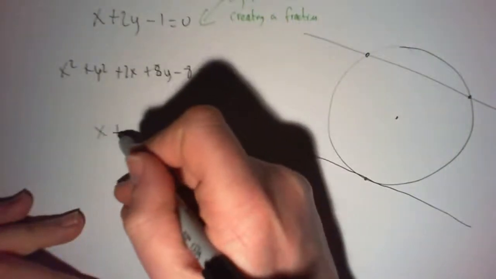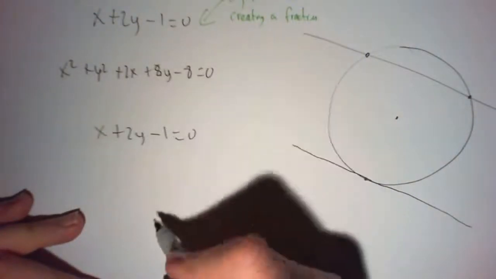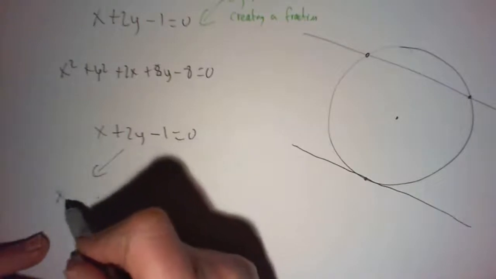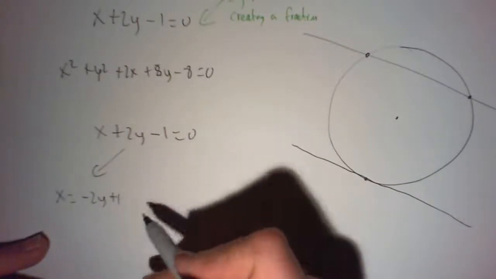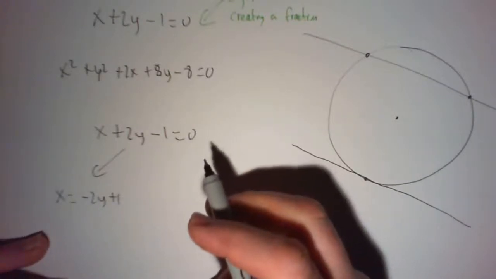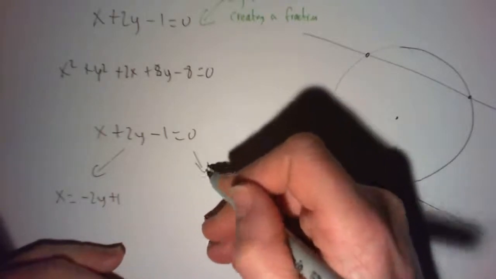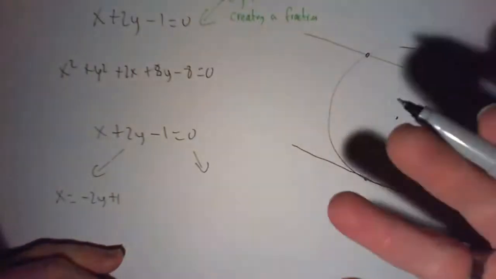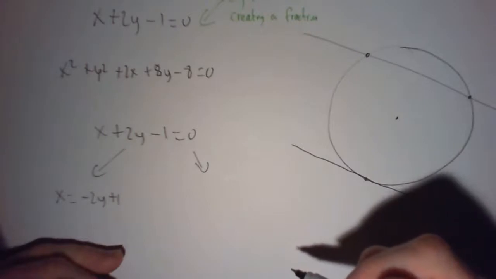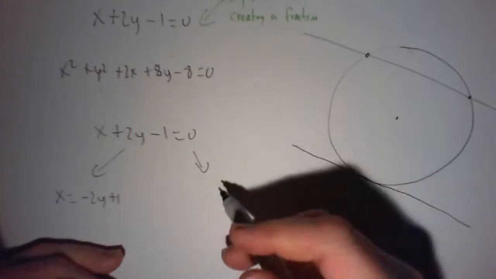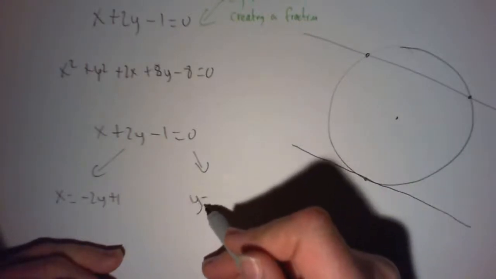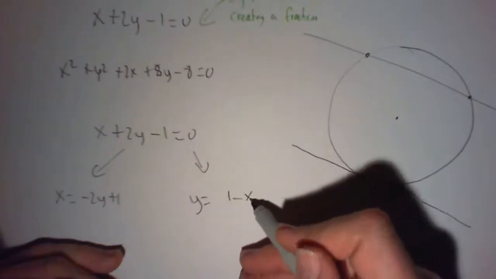You could rearrange it where x is equal to minus 2y plus 1. That's one possible way of rearranging it. Or you could rearrange it as y is equal to 1 minus x over 2.